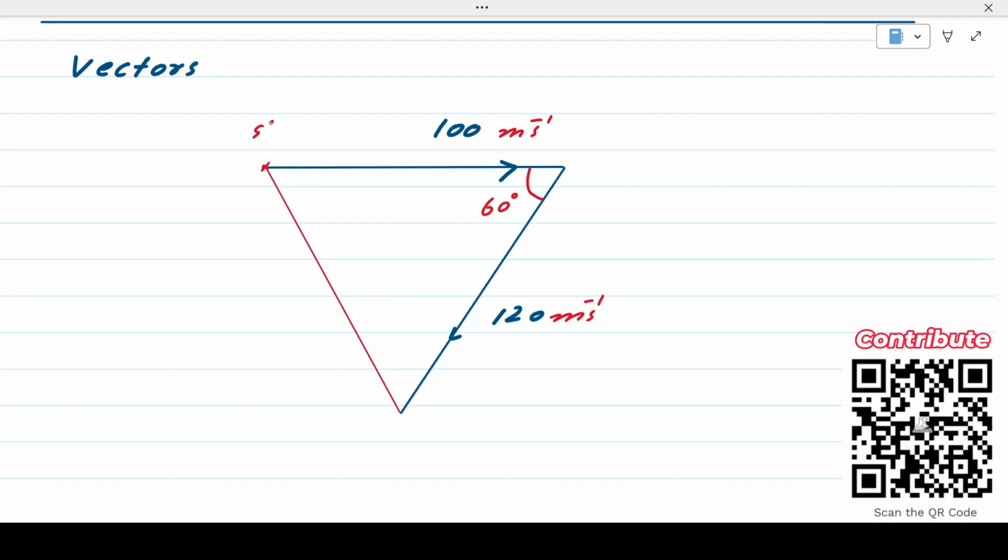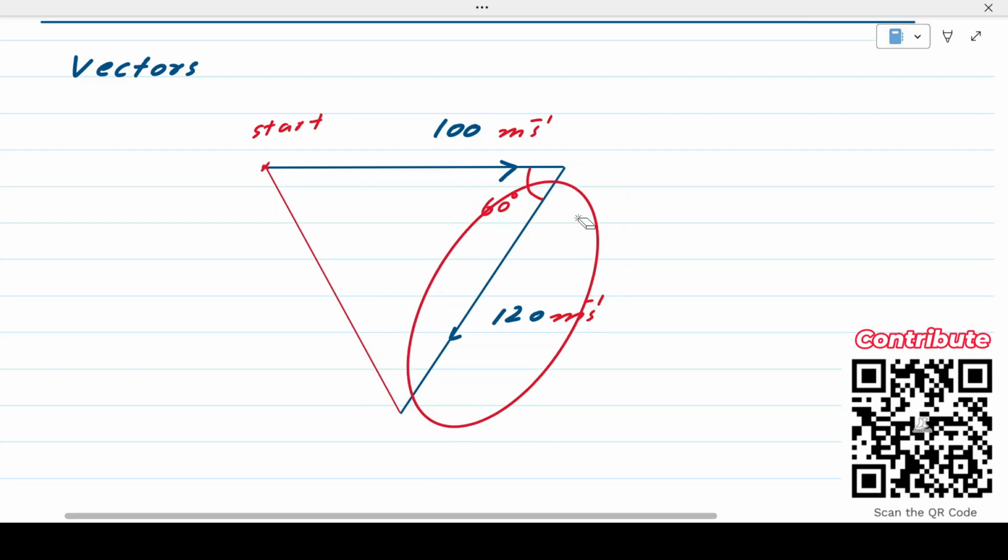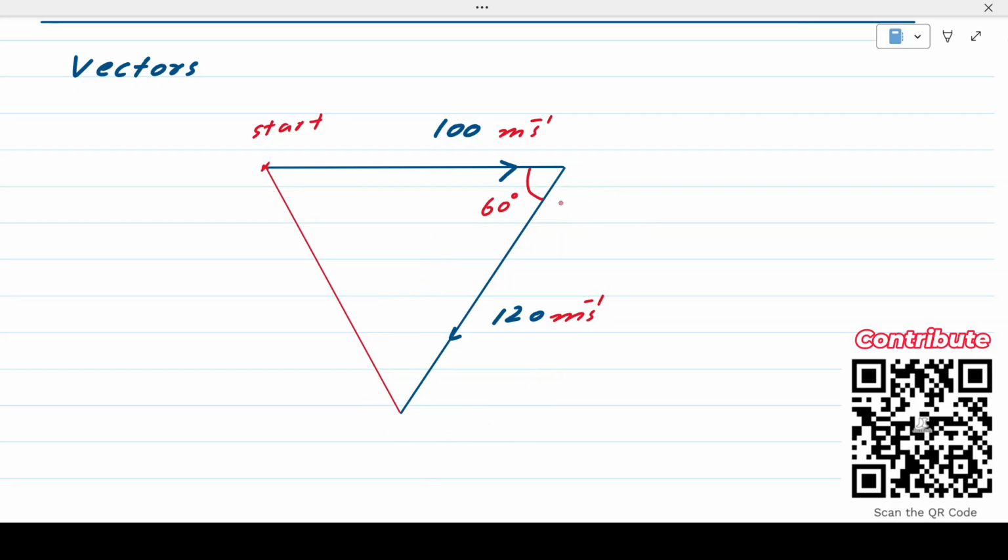So if this is your starting point, the second vector has to be placed at the end of the first one. Over here, it is already placed like this. If the second vector was placed, let's say, someplace over here, then you need to place it properly.